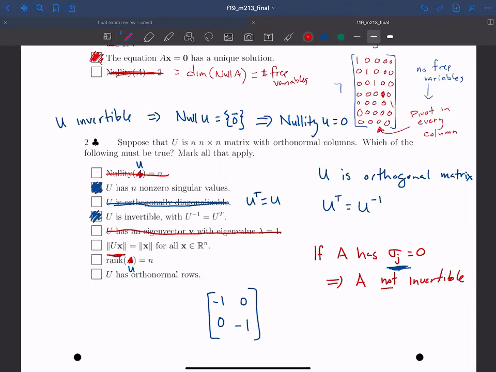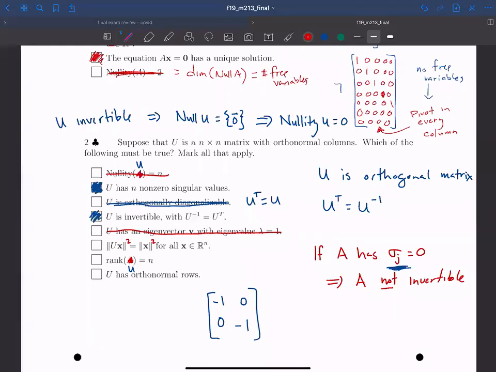The length of U times X is equal to the length of X for all vectors X in Rn. Is this one true? Wouldn't it have to be U times X squared? Oh, like this is equal to this?